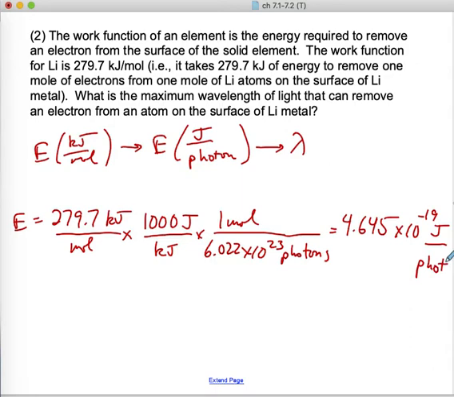Finally, to calculate the maximum wavelength, and again, maximum wavelength because minimum energy, remember wavelength and energy are inversely proportional, I will use my rearranged equation.